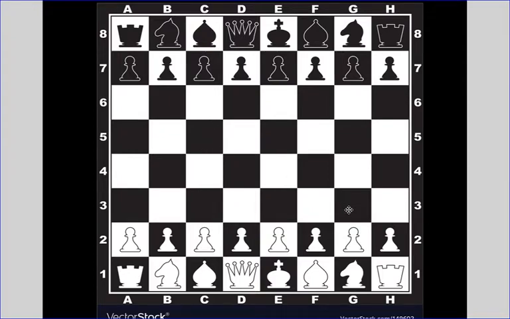And also G3 and G5 are possibilities, but you only use the 3 if the 2 knights are on the same file. If there was a knight on C3 and a knight on G3, and it was the one from C we used, we would say N C E4. So we would only use N3 E4 if both knights are located on the same file. So say one was here and one was here.